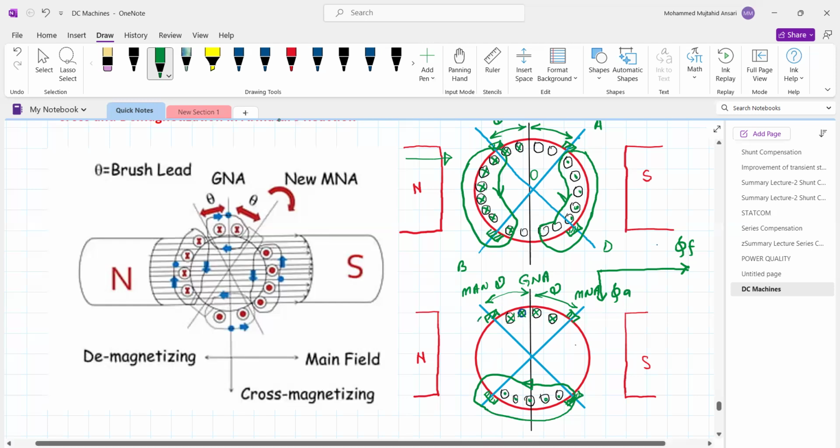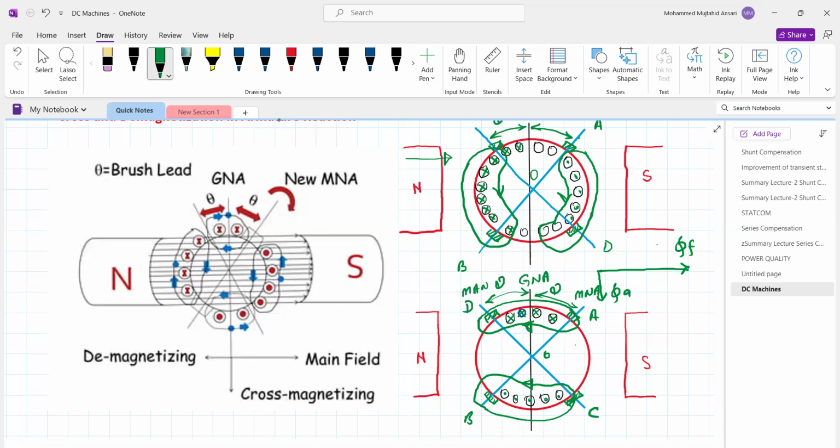Similarly, if you hold the conductor in such a way that the direction of current is toward your thumb, this is the direction of magnetic flux. So the magnetic flux produced by these conductors which occupy the positions A, O, B, and C, O, D, under angles AOD and BOC, produces magnetic flux opposite to the main magnetic flux.